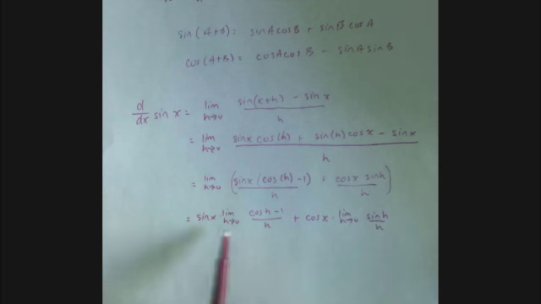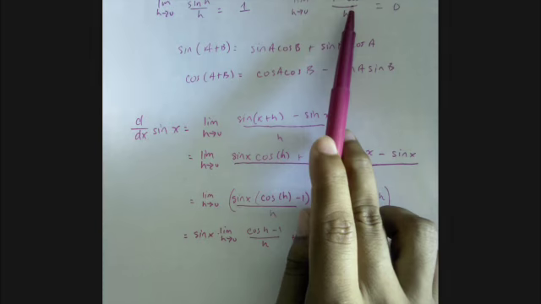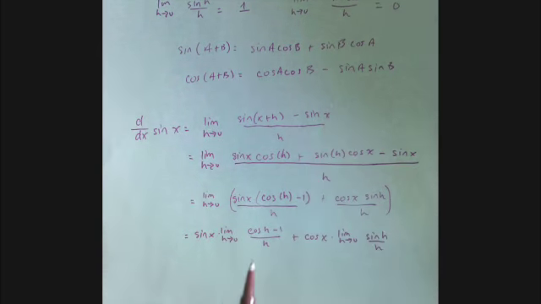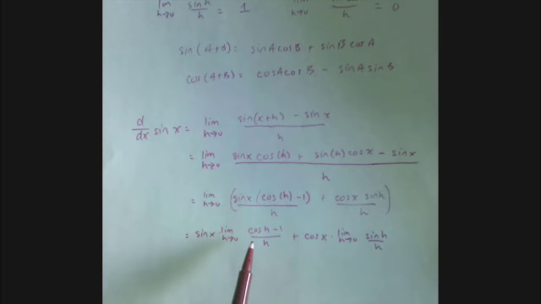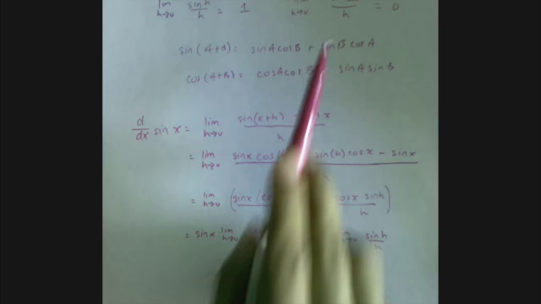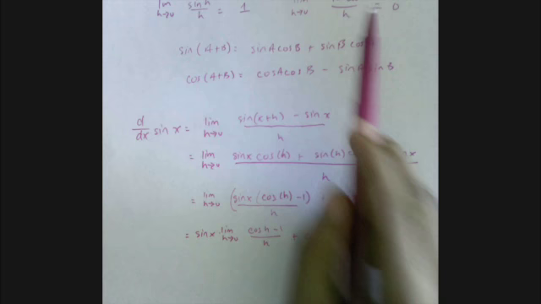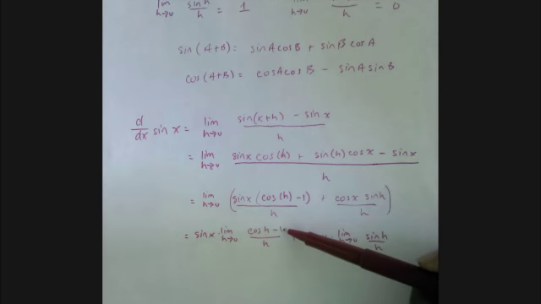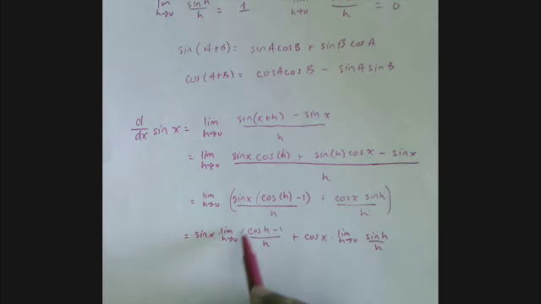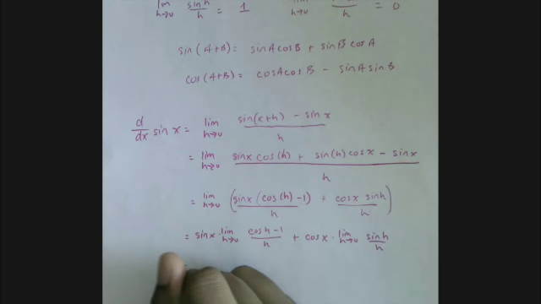The limit as h approaches 0 of cosine h minus 1 over h looks very similar to 1 minus cosine h, and in fact, they are almost equal. They are off by a factor of -1. Cosine h is positive for this one. Cosine h up here is negative. Similarly for -1, which means this value is really equal to 0. And I'll show that work to make sure it's clear.